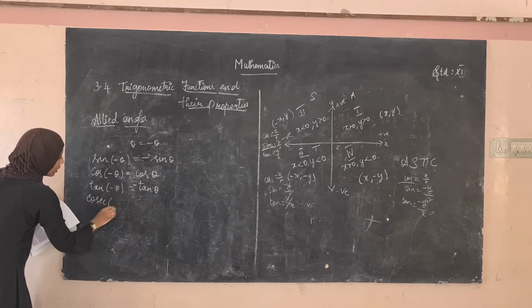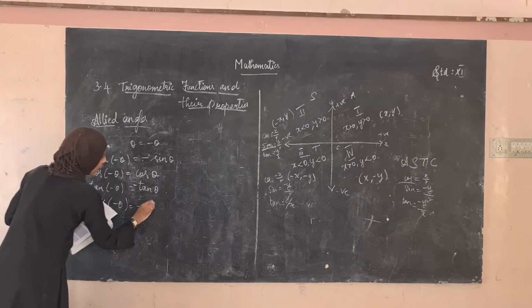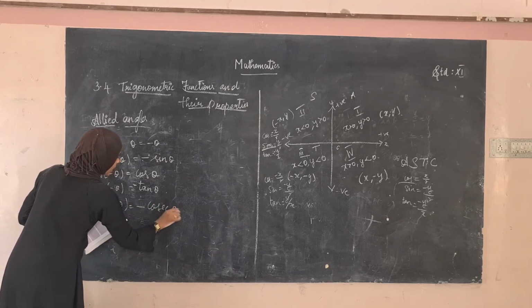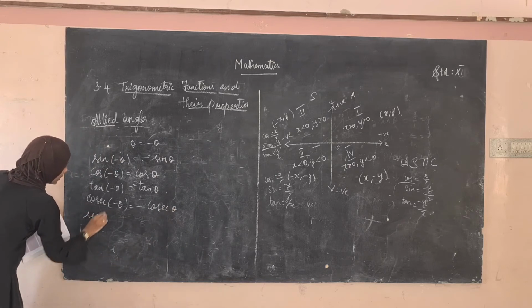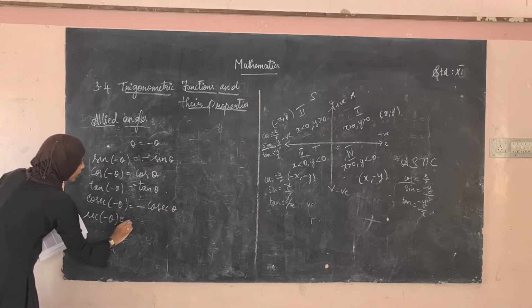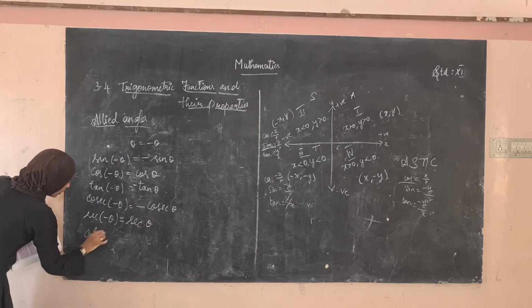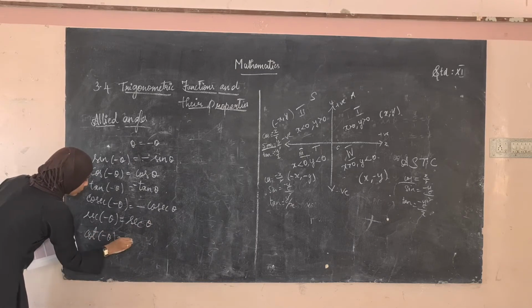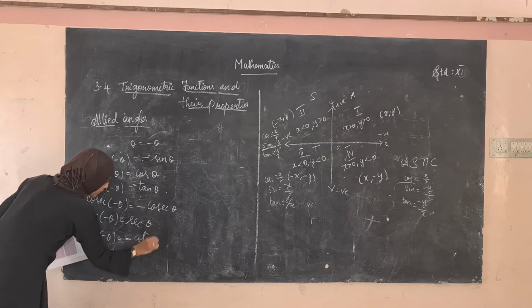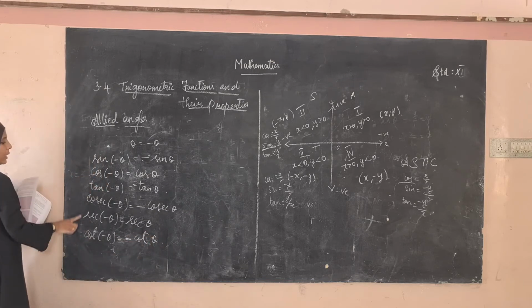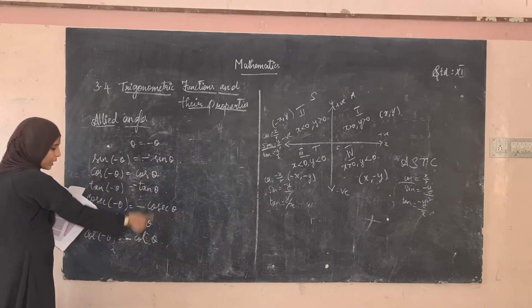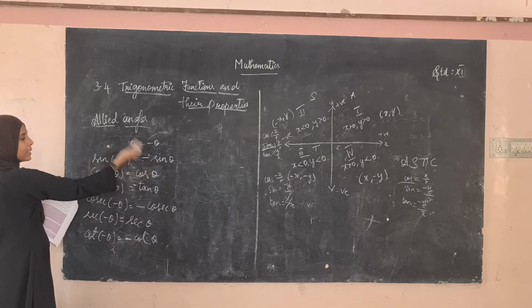Cosecant of minus theta is equal to minus cosecant theta. Secant of minus theta is equal to secant theta. Cot of minus theta is equal to minus cot theta. See here, only for cos and secant it stays cos theta and secant theta. For the others the minus gets outside.